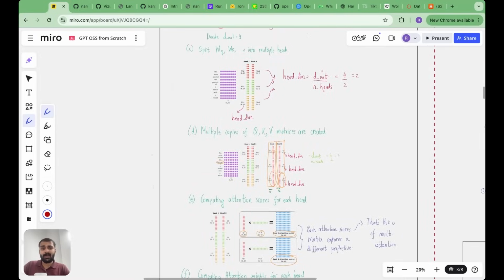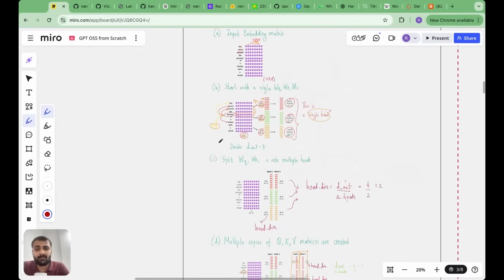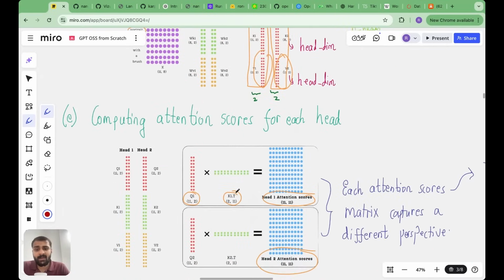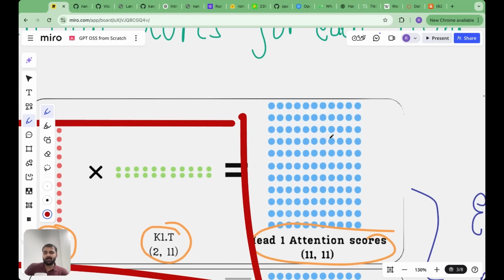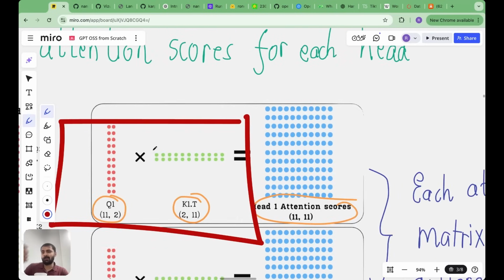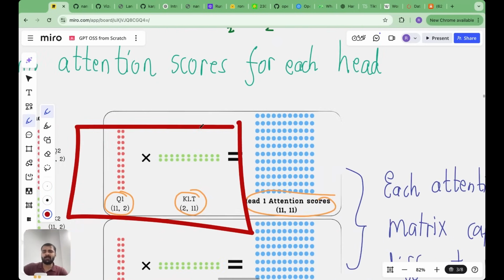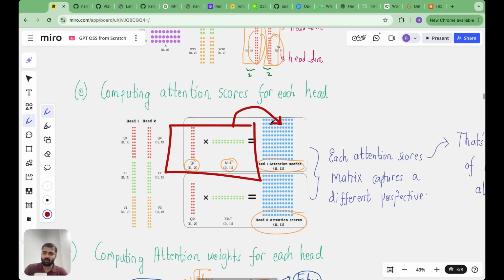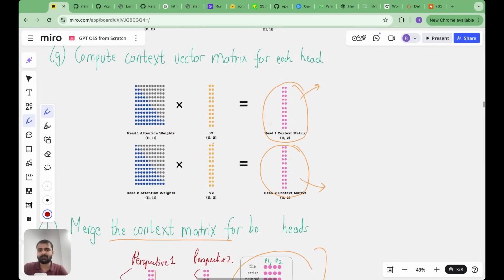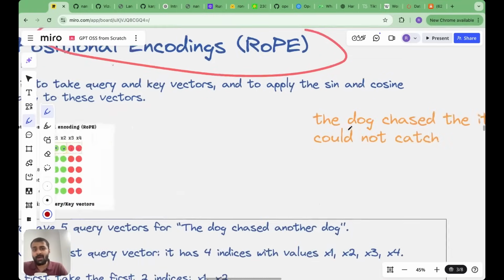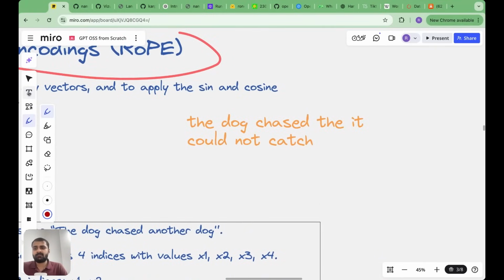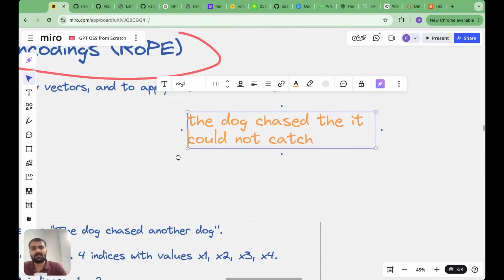Remember, to calculate my attention scores, I only need the query vector and the key vector. So if I want to encode information related to position, I will do it in the query and the key vector, because that will ultimately come into my attention scores, which is what I want ideally. I want the information of position to be included somewhere. Why do I want this? Because, take a look at this sentence, let's say, the dog chased another dog.